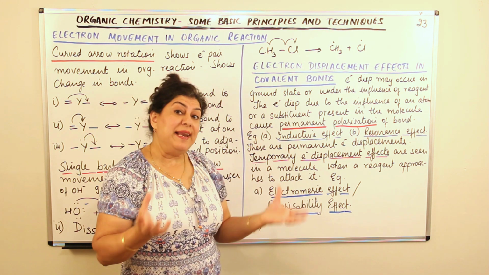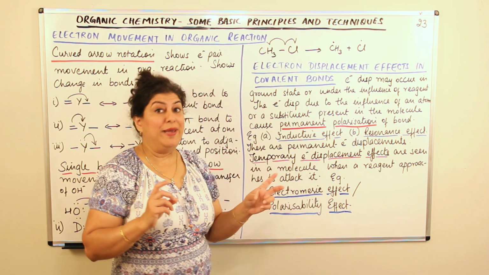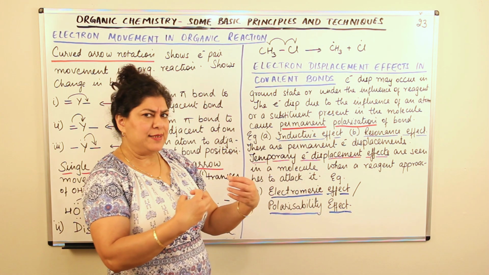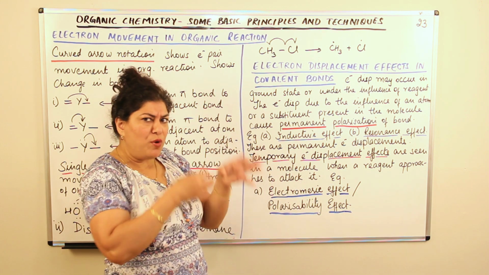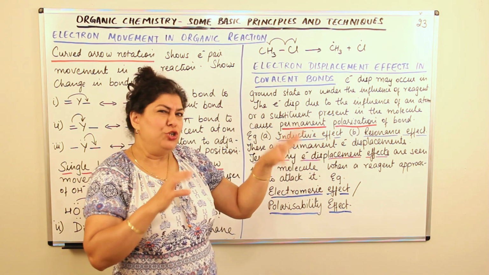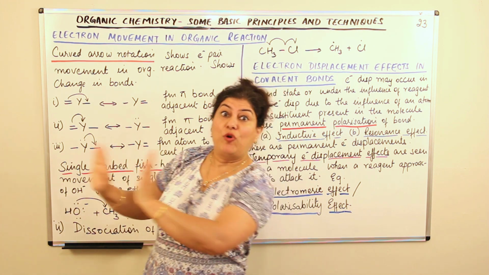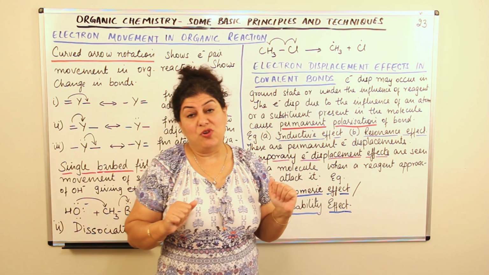Now this polarity may be caused in two ways. Either the polarity is due to a species or an atom or a group which is present within the molecule, which is causing the shift due to the difference in electronegativity. It has a tendency to pull electrons towards itself, or push away electrons from itself.